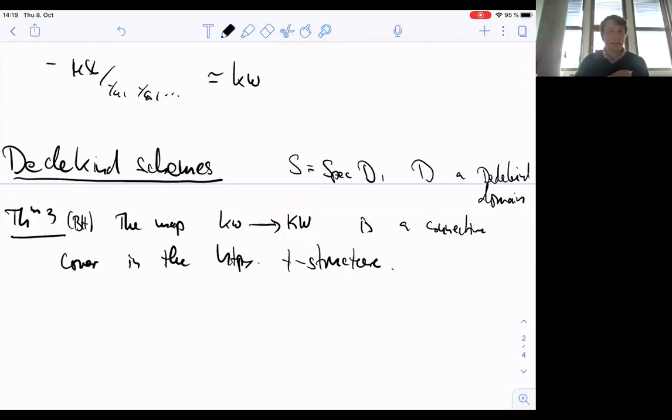But the good news is that in this case everything is fine. So in fact, the homotopy sheaves of the little kW guy are exactly what you would think. It is the homotopy sheaves of this guy just cut off. So you take this sheaf of Witt rings and you adjoin this generator beta.